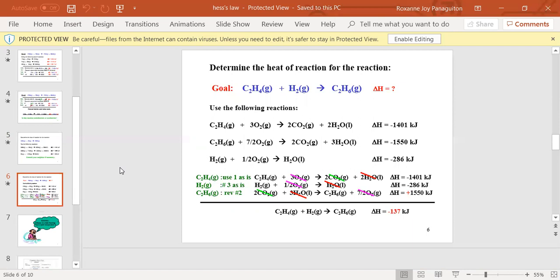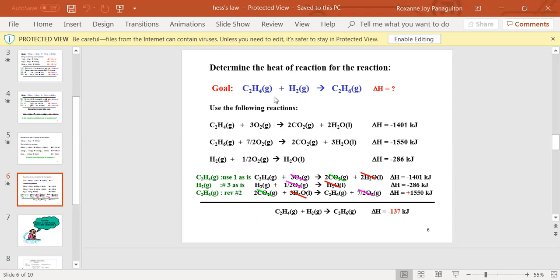So, you will add those pag nangyari yon. Here in the three reactions, you can see that the oxygen, the carbon dioxide, and the hydrogen are all canceled out. So what is left here is the reaction with a negative 137 kilojoule heat of reaction.